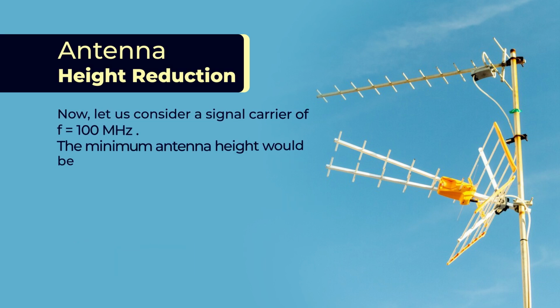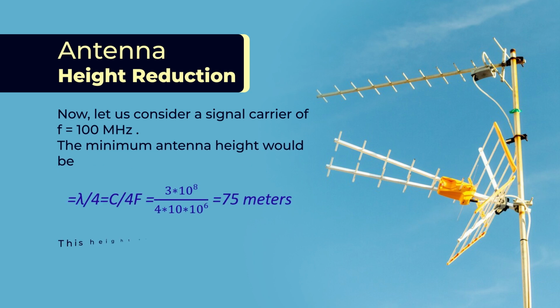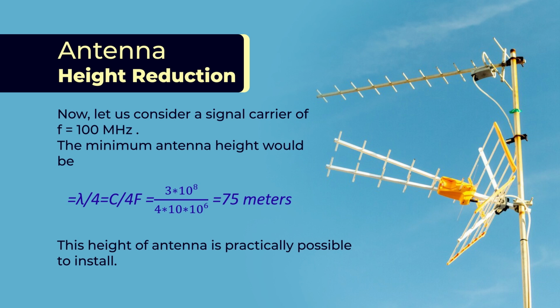Now, case 2: let us consider the carrier signal of f equal to 100 megahertz. As per the formula, the minimum antenna height would be 75 meters. We use the same formula here, where the frequency is higher than in case 1. The height is practically possible, that is, such an antenna height can be constructed practically.